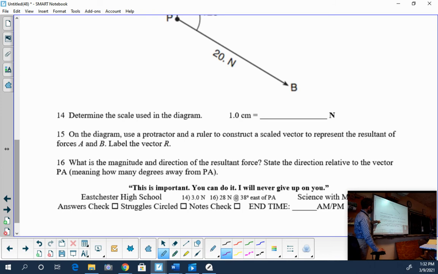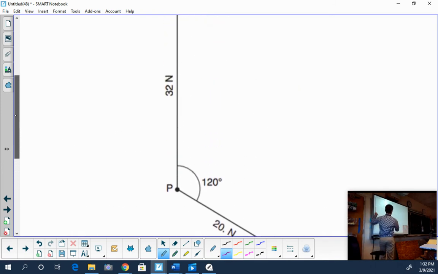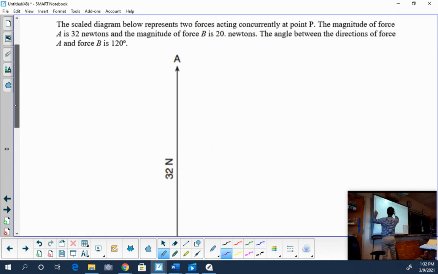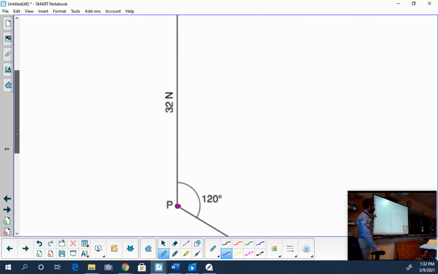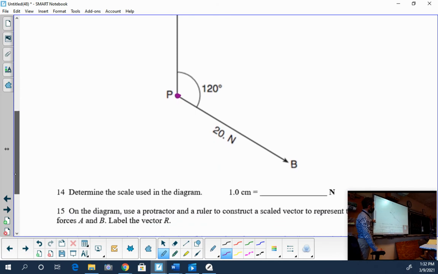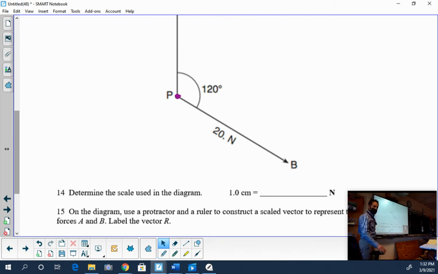And how many degrees away from PA? PA is this one. P up through A, to the tip of A. And so you got a few options on this. Unit 4 is where we talked about the different ways you can sort this out, whether you're drawing it carefully, whether you're doing laws of cosines and sines, whether you break into components, whatever it is, just make sure you take care of this thing.